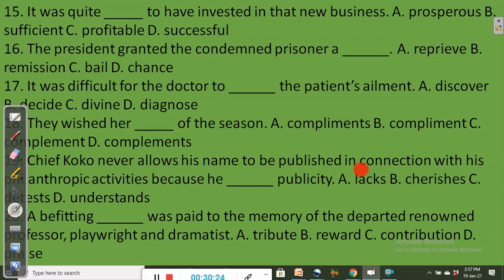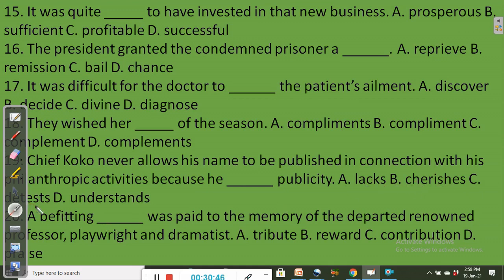He never allows his name to be published in connection with his philanthropic activities because he dash publicity. Of course, lacks is out of it. Cherishes, if he cherishes, then he would readily allow his name to be published.